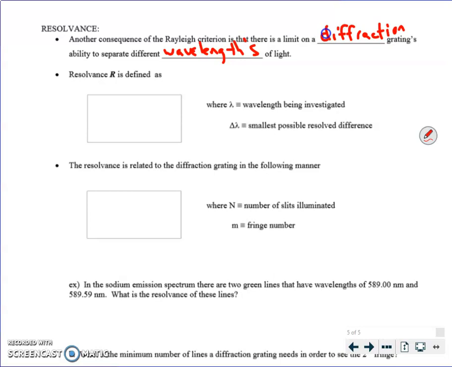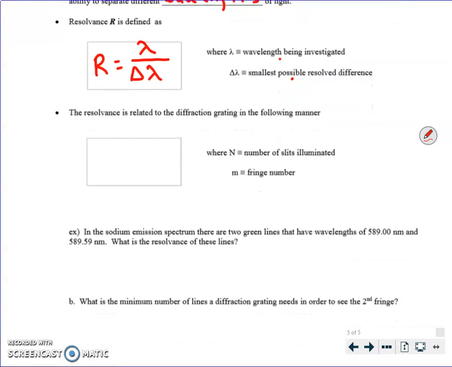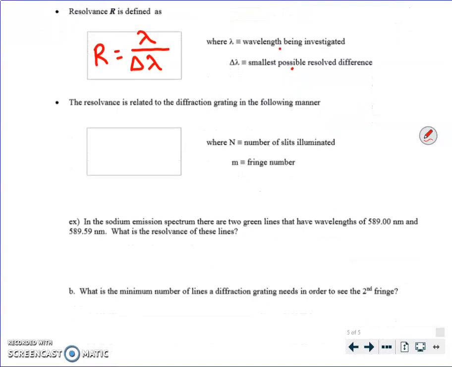The definition of resolvance, capital R, is the wavelength in question that you're trying to resolve divided by the difference in wavelength between two successive lines. So we have the wavelength lambda, and delta lambda, the smallest possible resolved distance. In other words, how tiny a wavelength difference can we distinguish in a possible, hypothetical emission spectrum, like you saw for the neon light.